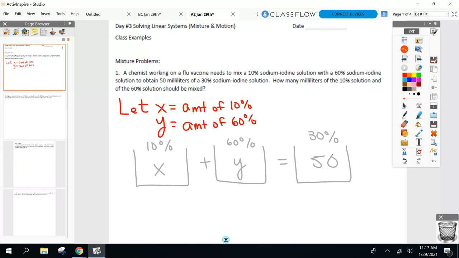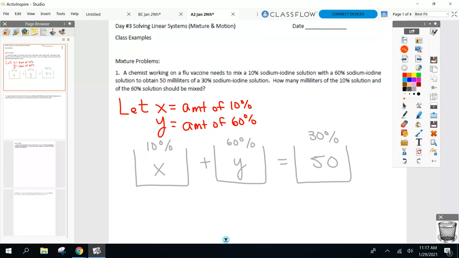Yep, good job. So there it is. Everyone see those words being put into a picture right now. 10% x, 60% y, mix them together. You get 50 milliliters of 30%. All right, ready? Here we go.